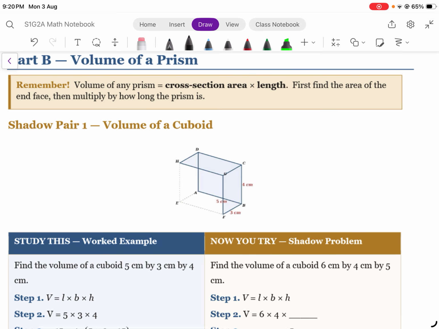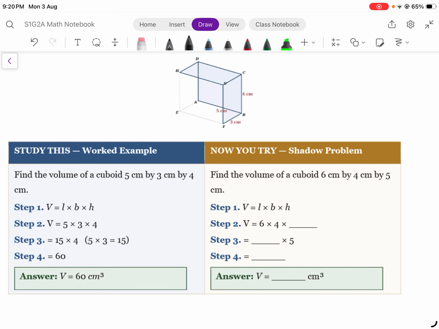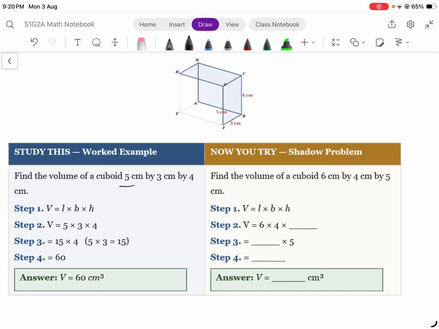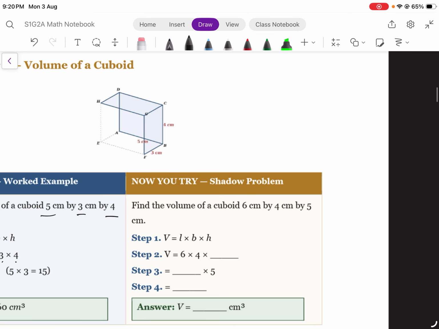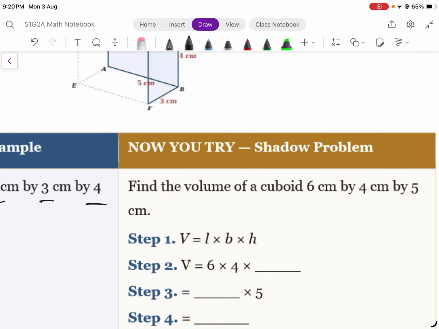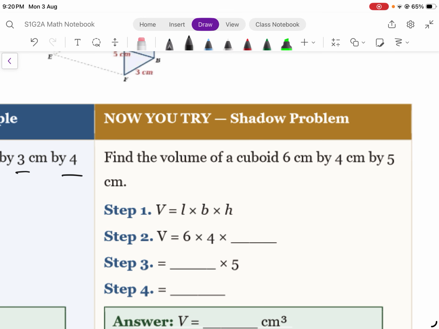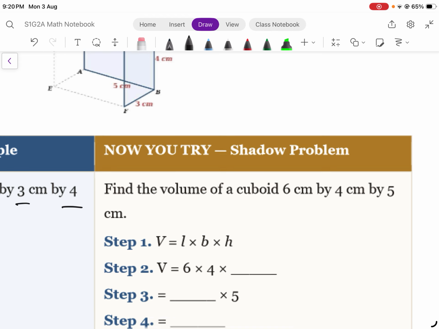We come to the first one, volume of a prism. Find the volume of a cuboid 5 by 3 by 4. 5 times 3 is 15, times 4 is 60. What if the cuboid is 6 by 4 by 5?